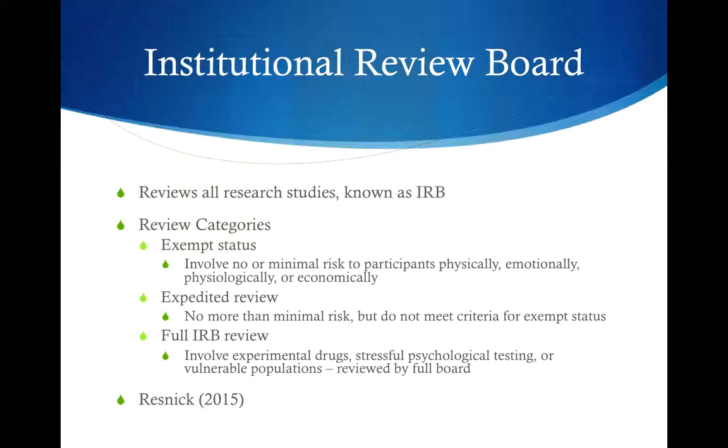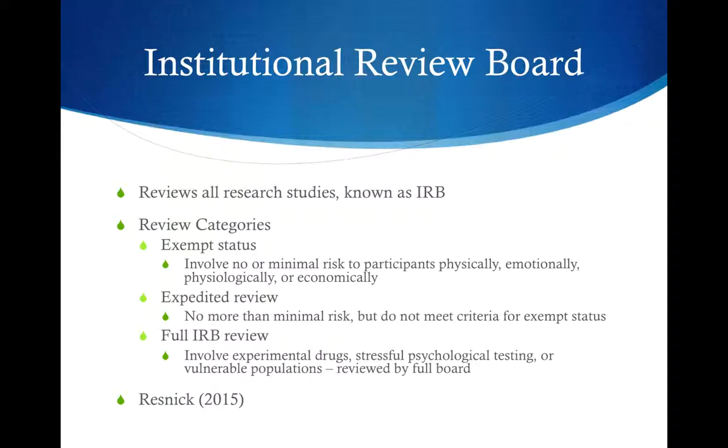Exempt status would mean that your research study involves no or very minimal risk to participants, physically, emotionally, physiologically, and economically. And then you may be exempt from review, so they say, yep, you're good to go.